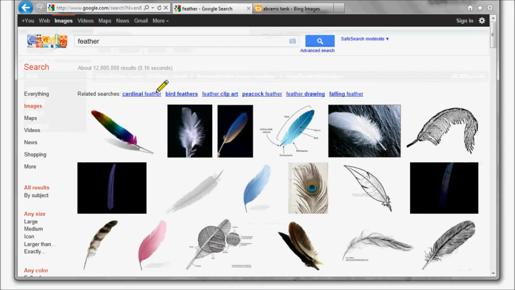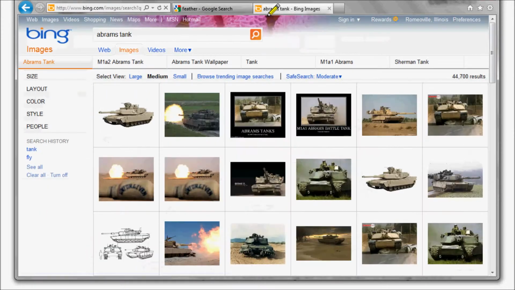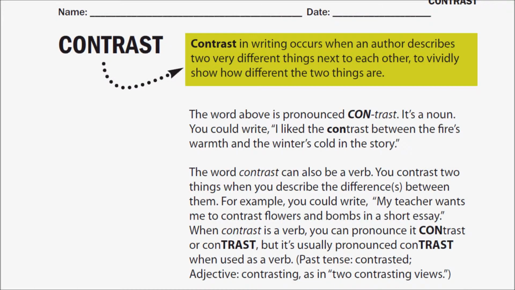You're saying that this soldier was a featherweight tank. And that contrast between a feather and a tank really drives the point home with the reader, and you're thinking, wow, this person is really light, but really, really dangerous and really strong too. So that's just an example of contrast.